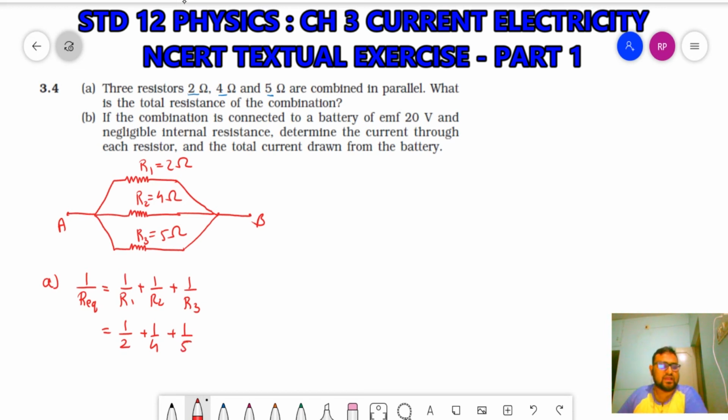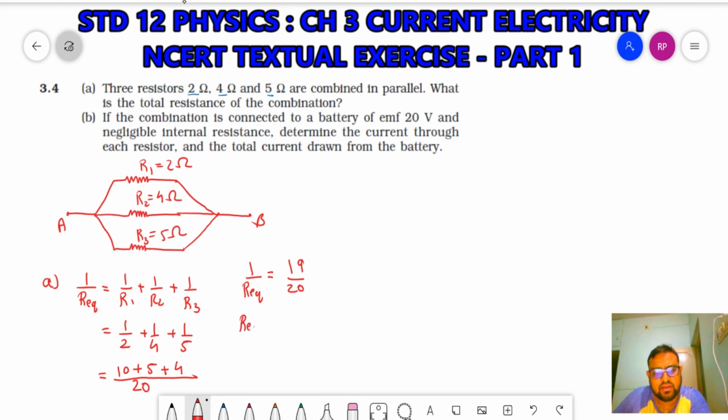Okay, so LCM will be equal to 20. 2 tens are 20, so 1 into 10, 10. 4 fives are 20, so 1 into 5, 5. 5 fours are 20, so 1 into 4. 1 upon R equivalent is equal to 10 plus 5, 15, 15 plus 4, 19 by 20.